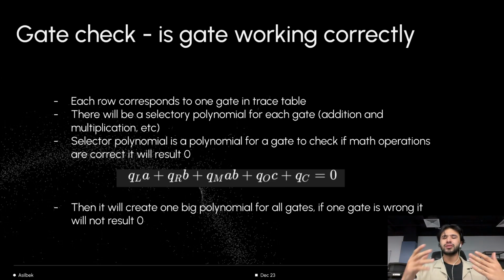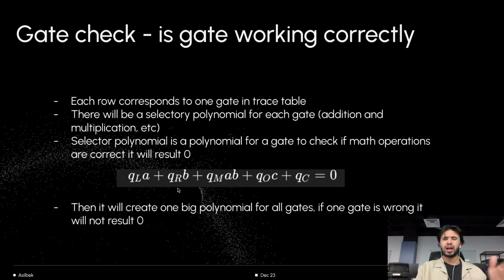It should technically check if the mathematical operations, whether addition or multiplication, result in 0 at the end. This is how it is going to look: left side, right side, and this is the multiplication of left and right, and then the output. It should check that if they are added, it will return 0.